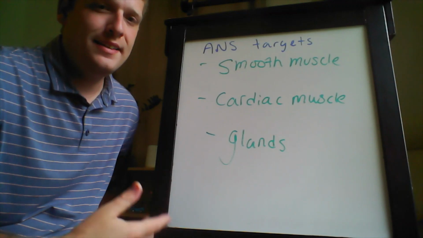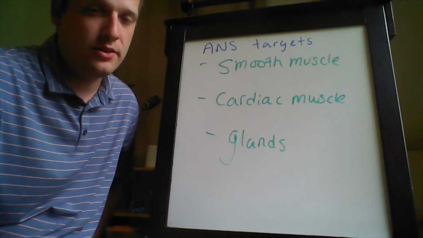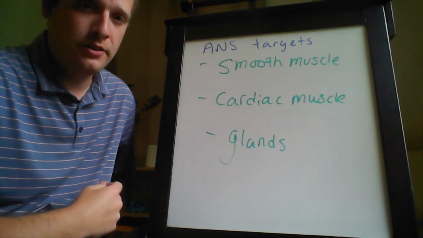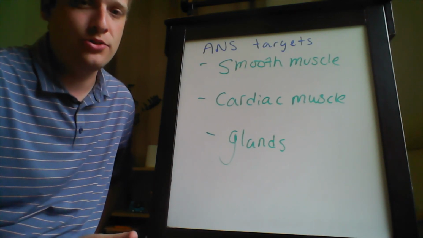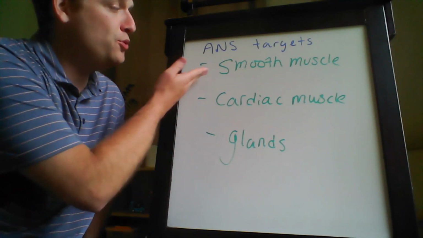So the somatic nervous system is going to target your skeletal muscles that you have voluntary control over. Meanwhile, the autonomic nervous system has different targets that are under subconscious control. So these are controlled involuntarily, and these include your smooth muscle.